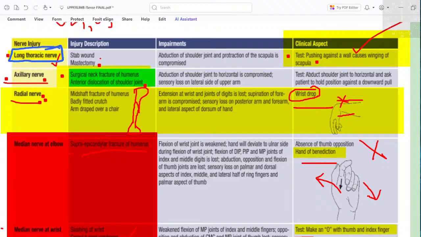Its root value was C5, C6, and C7, and it supplies the serratus anterior, which holds the scapula.